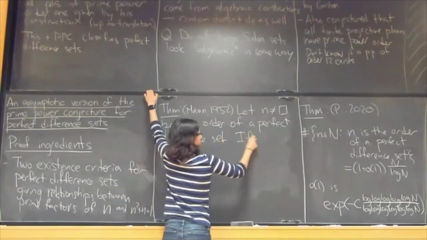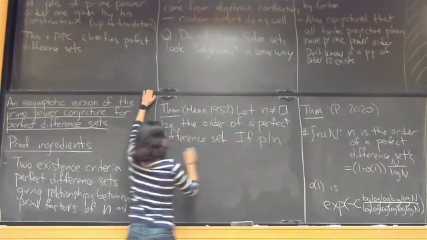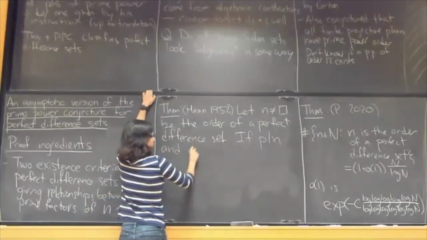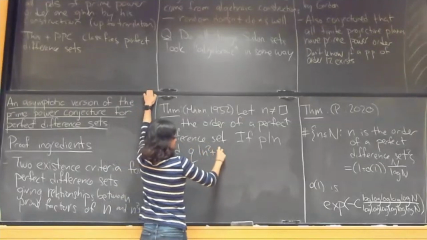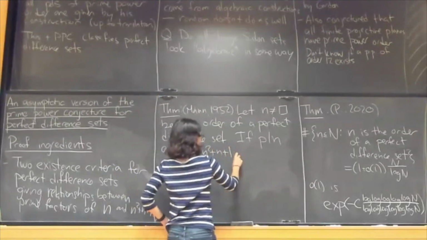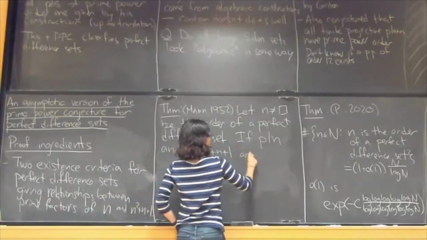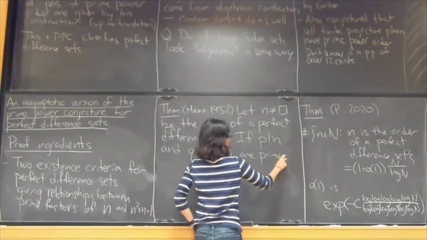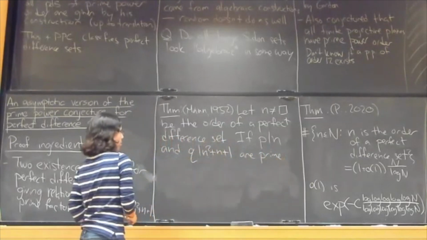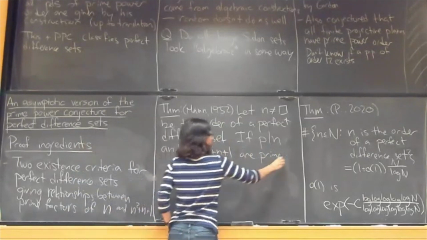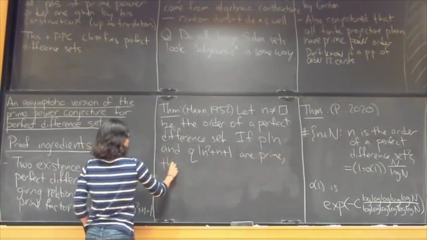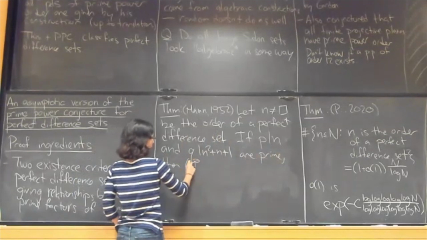Then if p is a prime dividing n, and q is a prime dividing n squared plus n plus 1. And now for the remainder of my talk, p and q are always primes. Then you must have that p is a quadratic residue mod q.